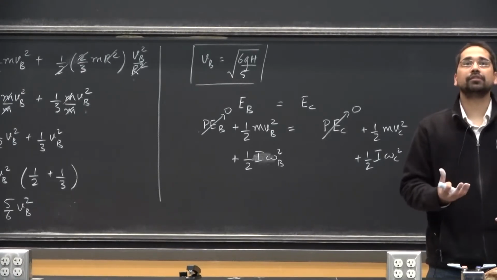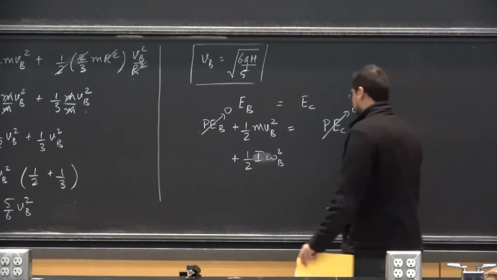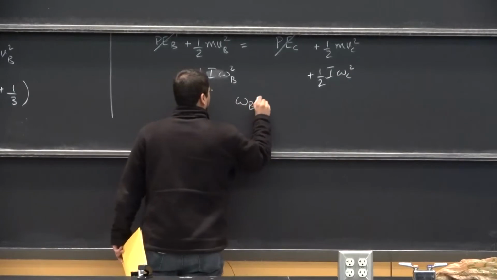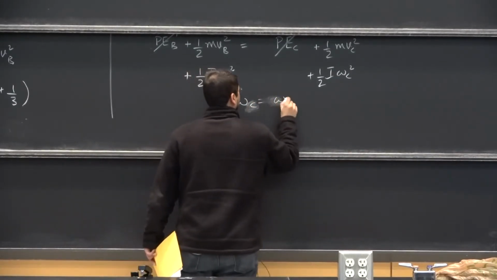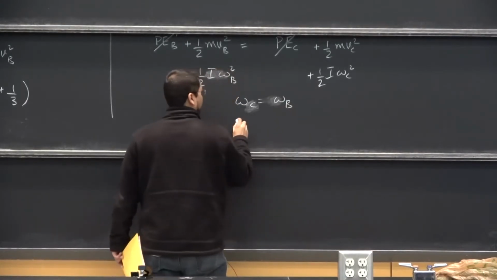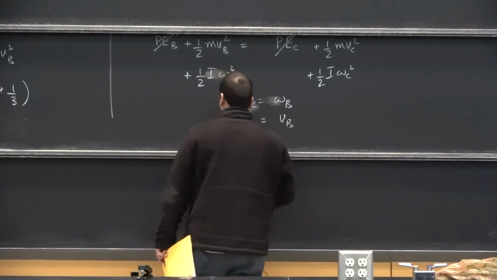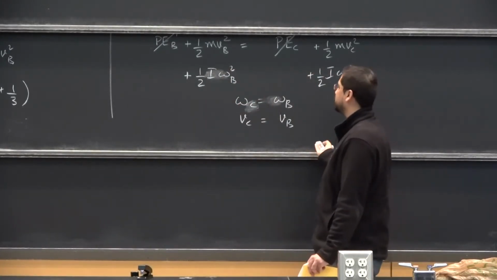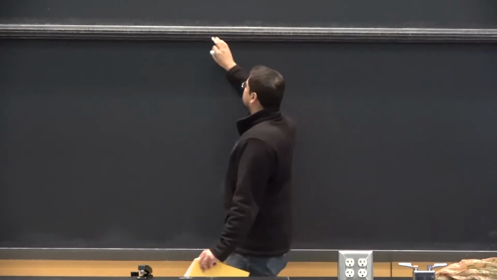Anyone who's not happy with this? All right. So omega C is the same as omega B, and the linear speed at C is the same as the linear speed at B. All right. So now we come to the final stretch.